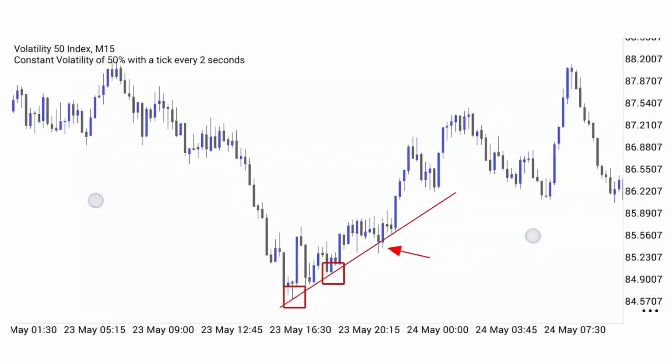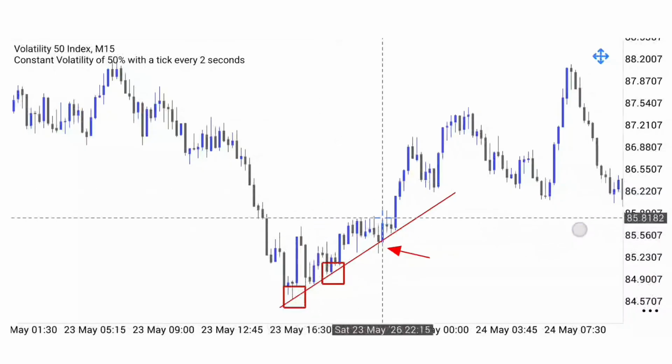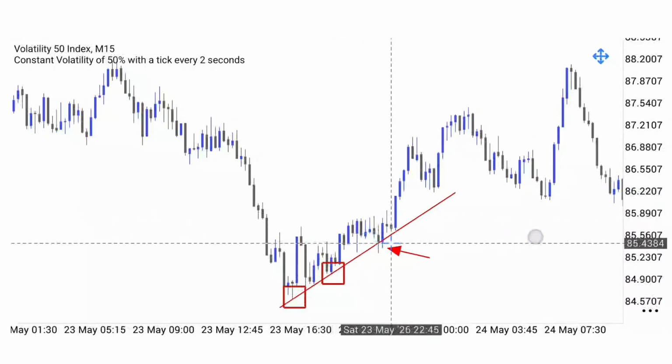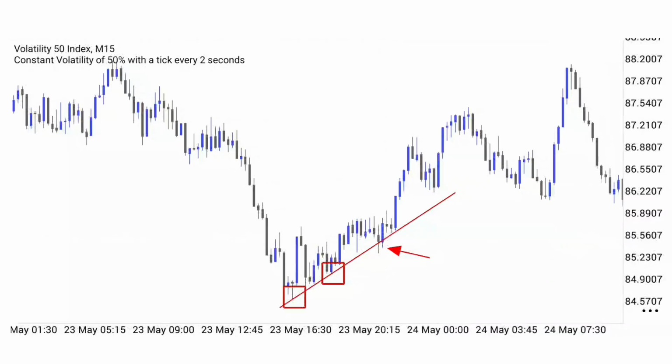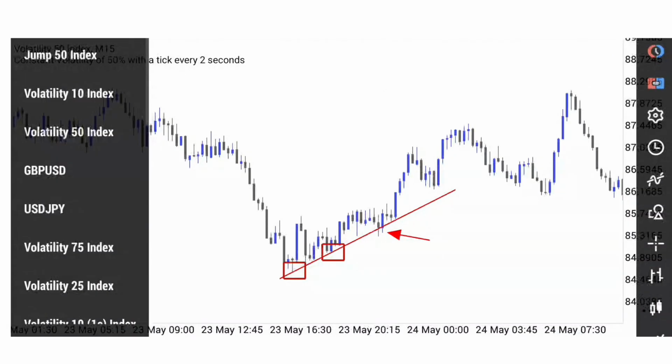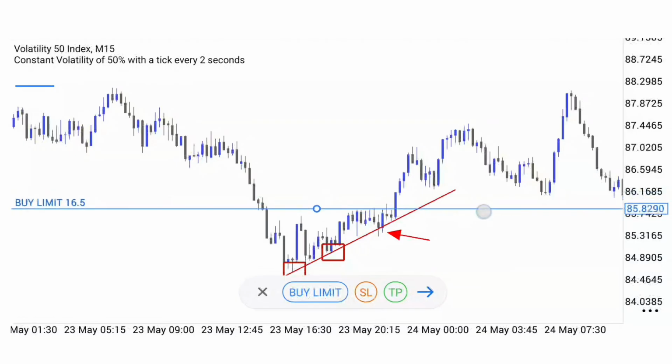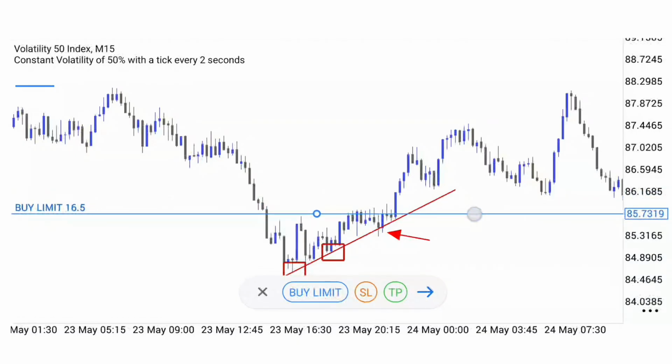So when we have that, you can see that we have an engulfing candle here. We have this engulfing candle here. So when we have that, the next thing we do is to trade. Let me show you guys our example. So for example, when you see that engulfing candle, you trade it immediately.